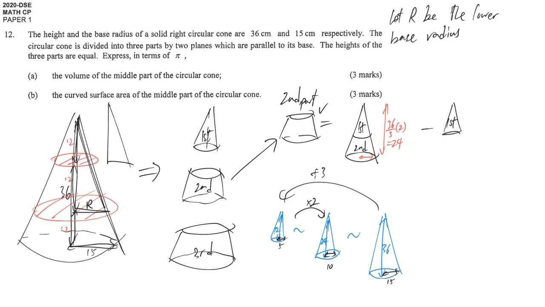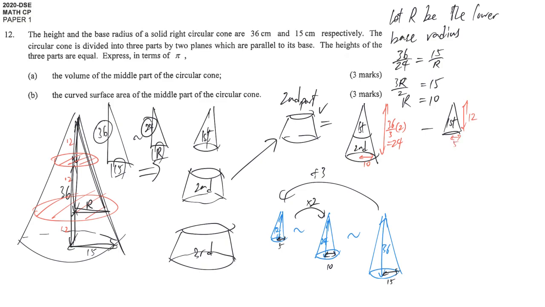If we separate them, we have 36 and also 15, similar to a middle cross section with the height 24 and R. So we know that 36 to 24 is equal to 15 to R. We can solve R is equal to 10. So after that, we can write that this is 10. Similarly, the height here is 12, while the base radius here is 5.